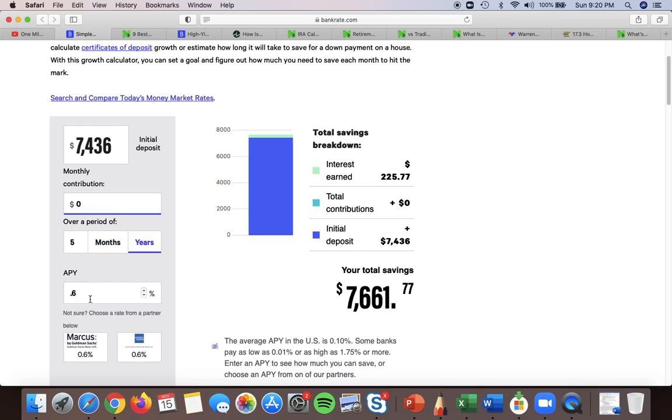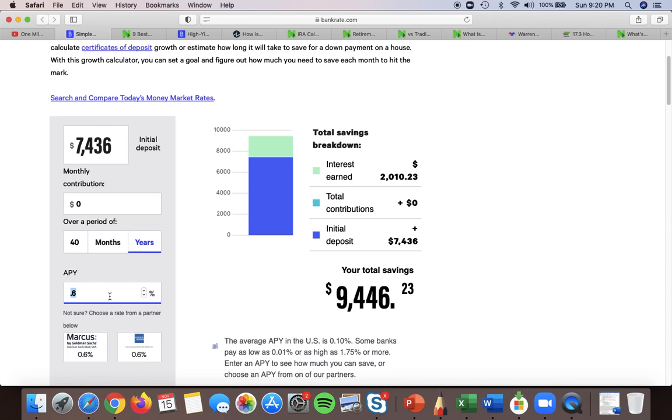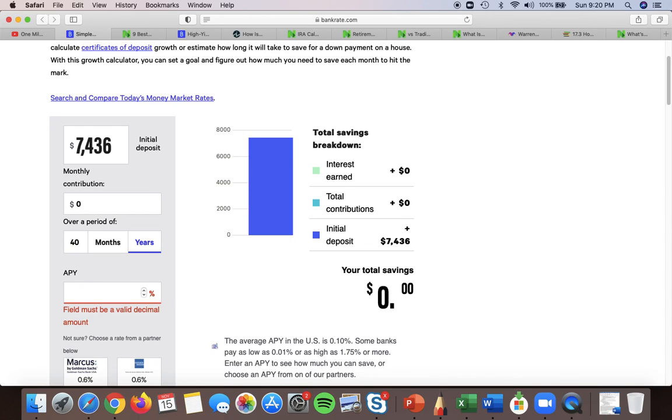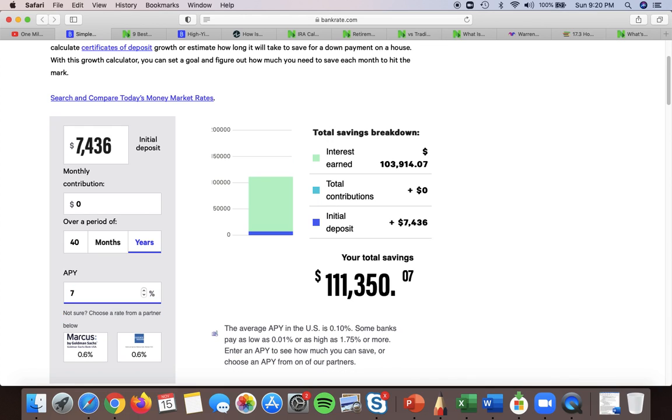If an individual were to take that $7,436 and invest it in a well-diversified stock portfolio until they retire, let's say over the next 40 years, and over the long run, that stock portfolio earns them about 7% annually. That $7,436 will be worth $111,350.07 by the time they retire.